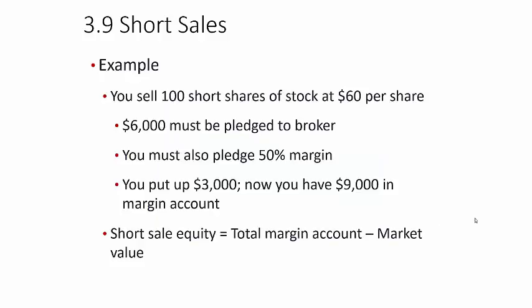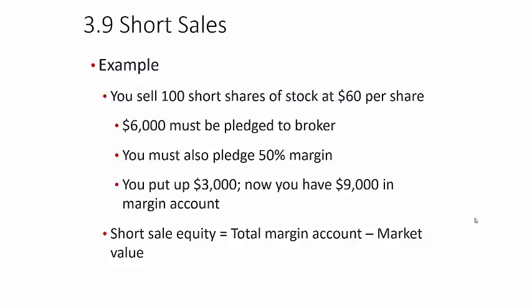So here's an example. You sell 100 short shares of stock at $60 a share. Right? $60 a share. $6,000 must be pledged to the broker. You must also pledge 50%. So you put up $3,000.